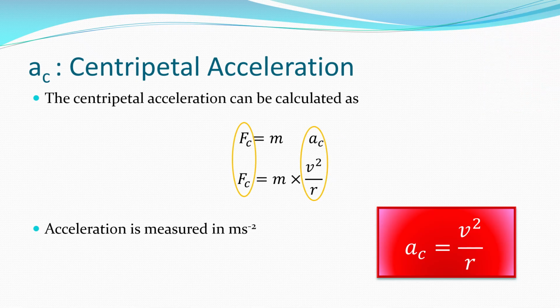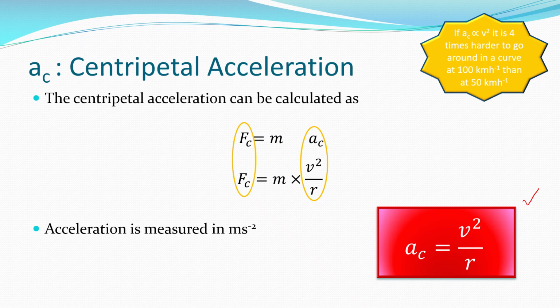That's how we end up with this particular formula in the box here. Don't forget, it's an acceleration, so it's in meters per second squared. That's because the velocity is always meters per second, and the radial distance, the distance you're rotating around, is always a distance, so it's meters. That's our standard units.